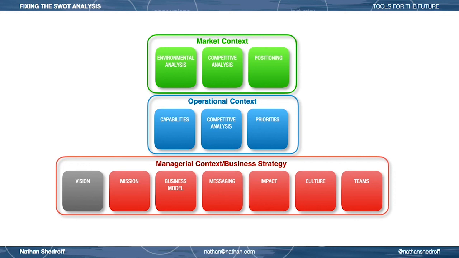Only now should you consider your mission, messaging, and business model. Likewise, now you have the needed understanding to address your organization's impact, both socially and ecologically, your internal culture, and how teams should both be set up and operate within your organization.